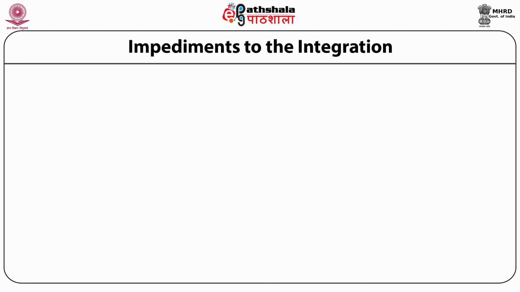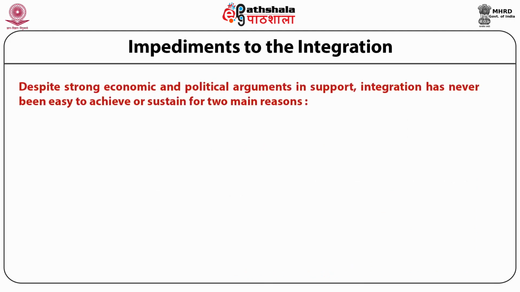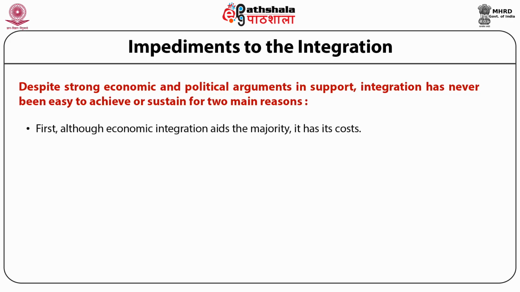Impediments to integration. Despite strong economic and political arguments in support, integration has never been easy to achieve or sustain for two main reasons. First, although economic integration aids the majority, it has its costs. While a nation as a whole may benefit significantly from an RTA, certain groups may lose.